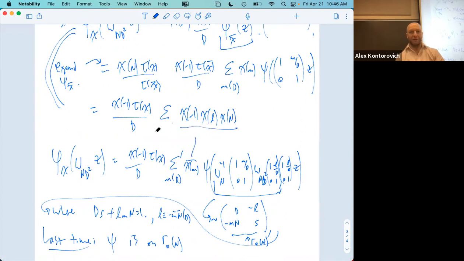This thing turns into those things so that I can sum over L mod D instead of summing over M mod D. And then this was psi of this matrix, D minus L minus M N S, times this remaining factor, 1 L over D 0 1 Z. Okay, and I can erase all of this.